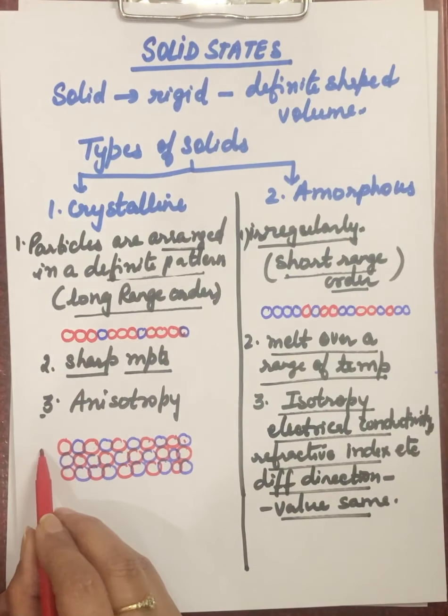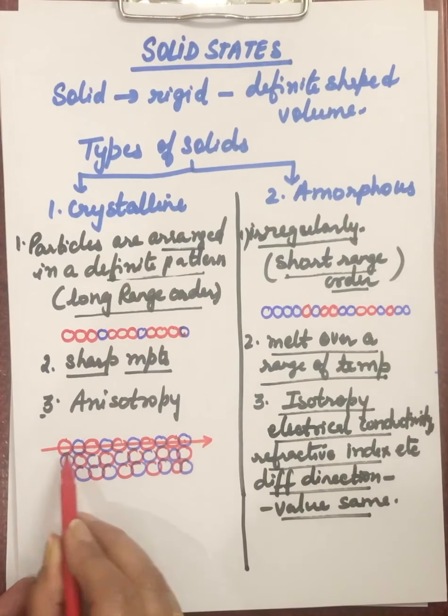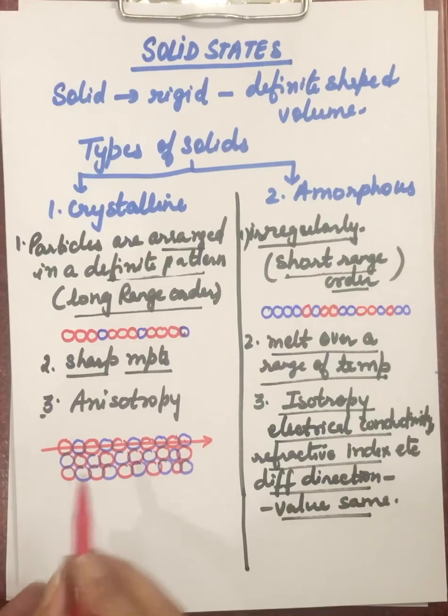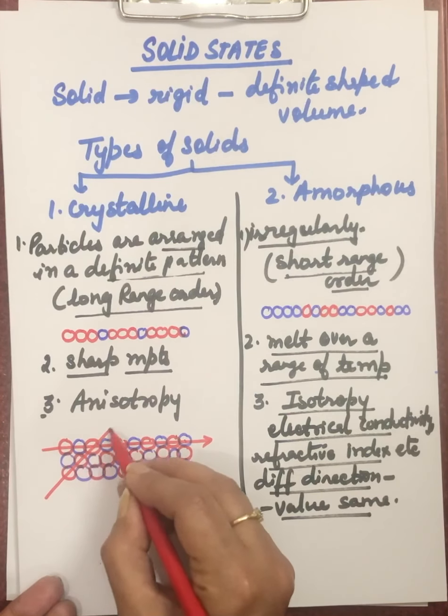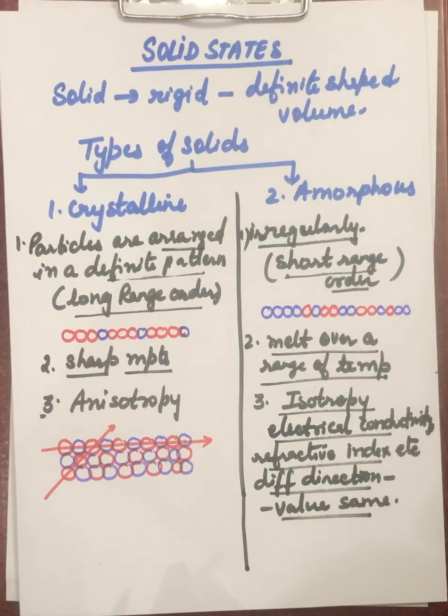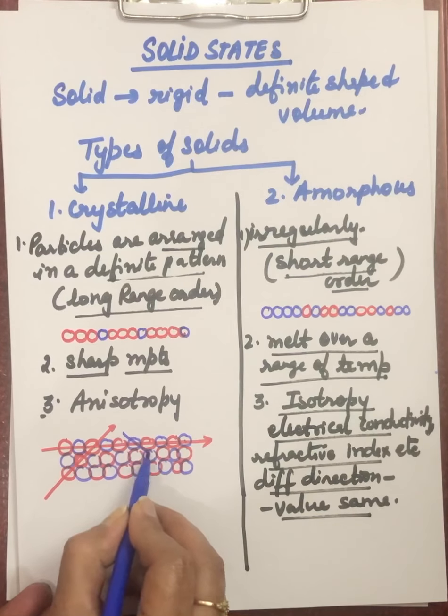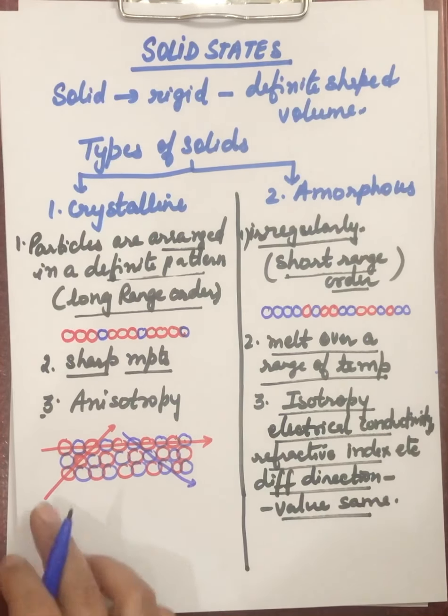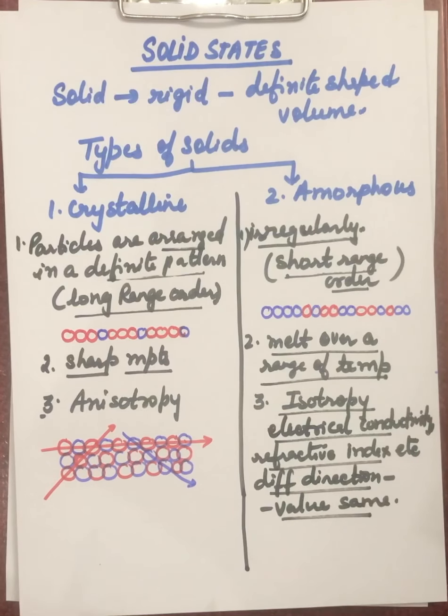See, in this direction, which particles are coming in the way? And if we take this side, see which particles are there. So in different directions, different kinds of particles are coming. That is why the value of these properties is different in different directions. While in amorphous solids, in different directions, approximately the same number and kind of particles will remain the same. That is why these values will remain the same in different directions.